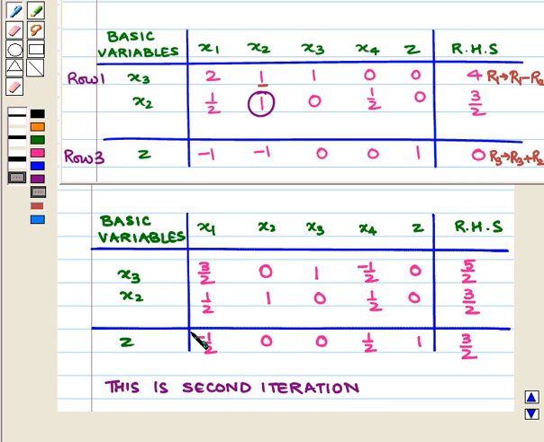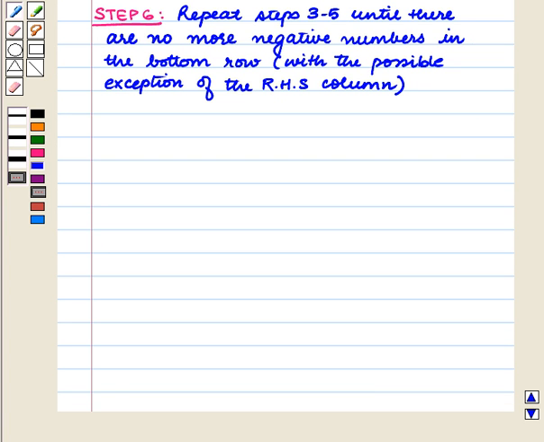Here we have minus 1 by 2 in the last row, so it is not an optimal solution. So we continue to the next step. Now we have to repeat steps 3 to 5 until there are no more negative numbers in the bottom row, with the possible exception of the RHS column.